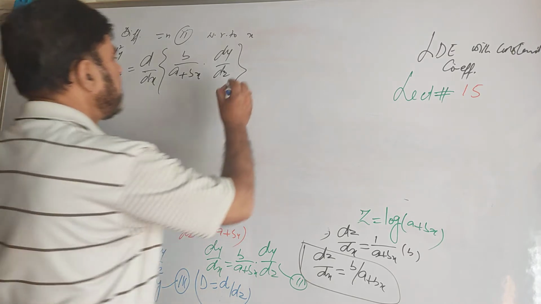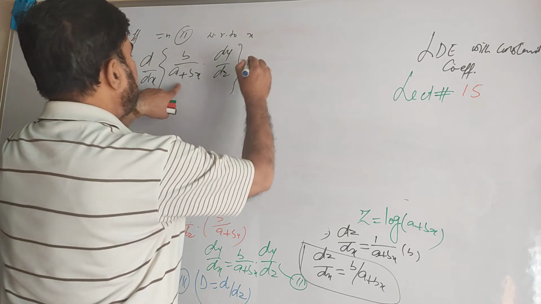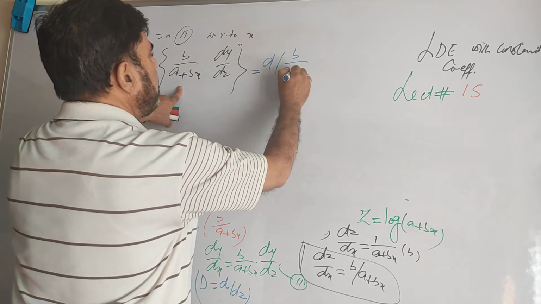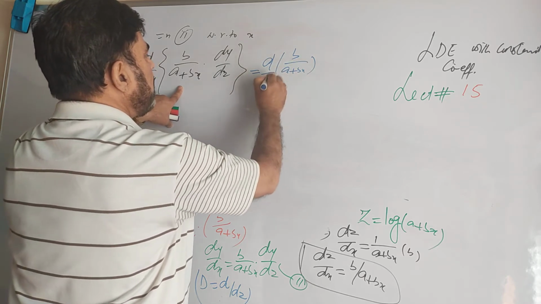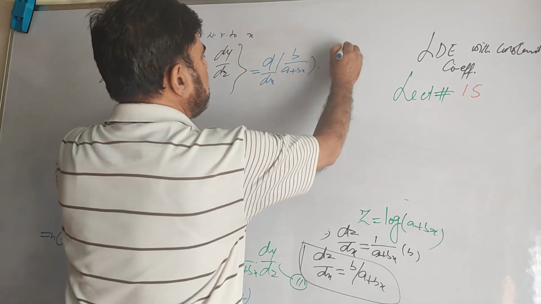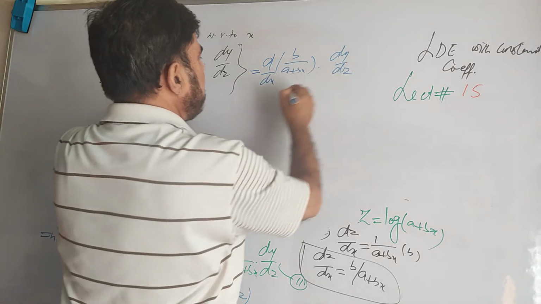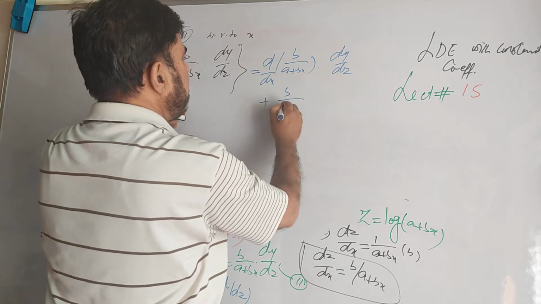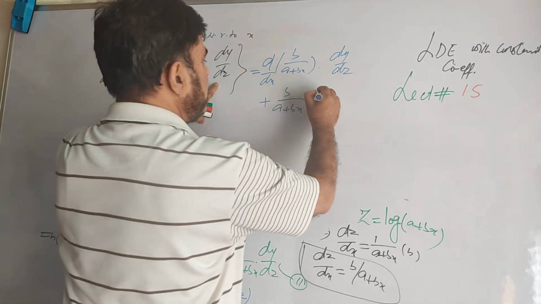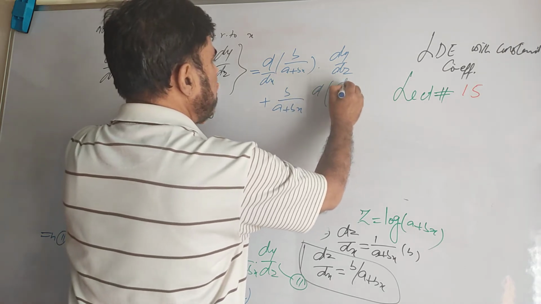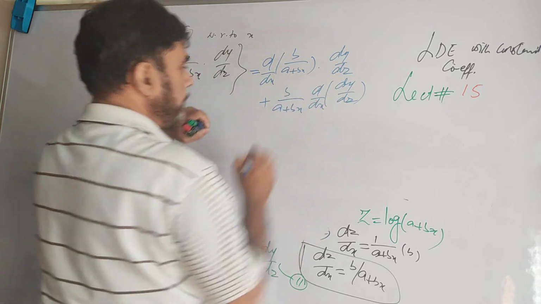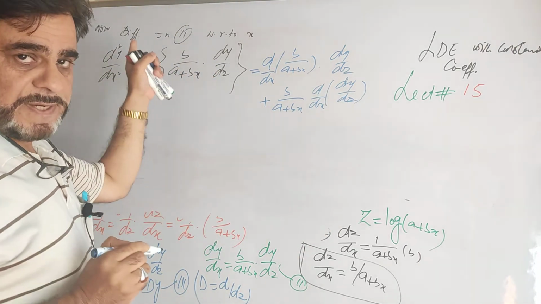You see how this gives me derivative of b by (a plus bx) with respect to x, derivative of first function, write second as it is, dy by dz, then plus b by (a plus bx) as it is, derivative of second function, it is differential of dy by dz with respect to x. I am differentiating with respect to x.